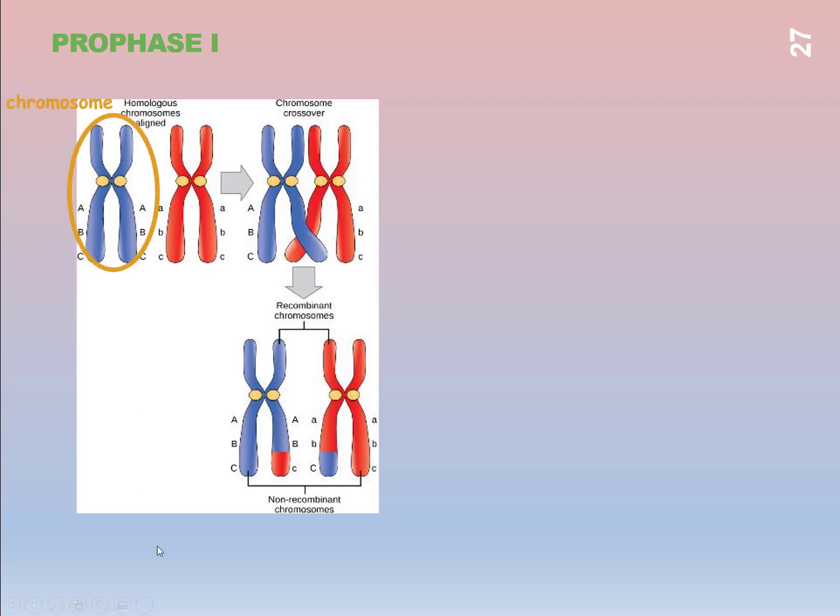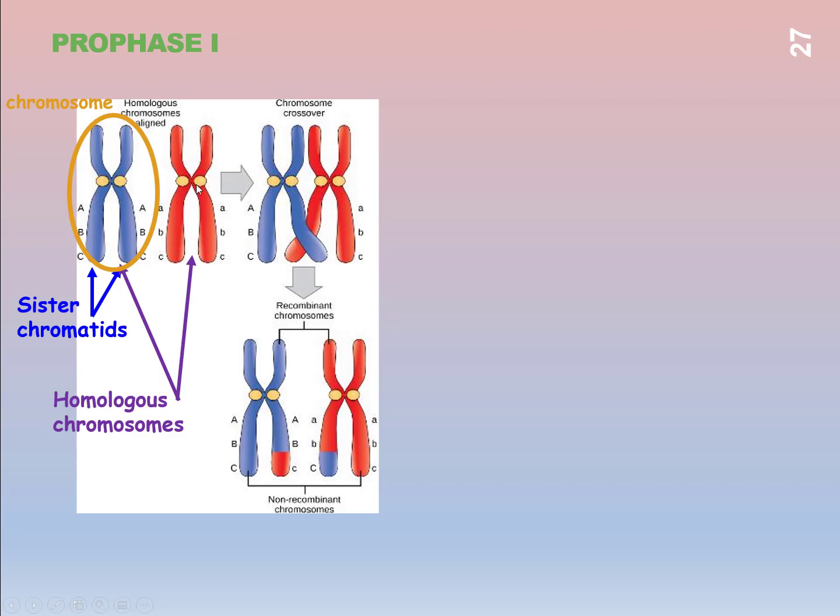So this, remember, is a single chromosome. It has 2 strands. These 2 strands are the sister chromatids, and they are exactly the same, right? This is its homolog over here. So we've got the homologous chromosomes. These are the sister chromatids of this chromosome.